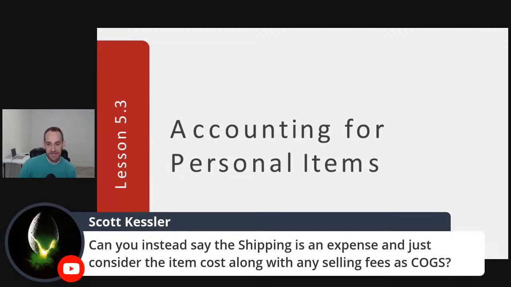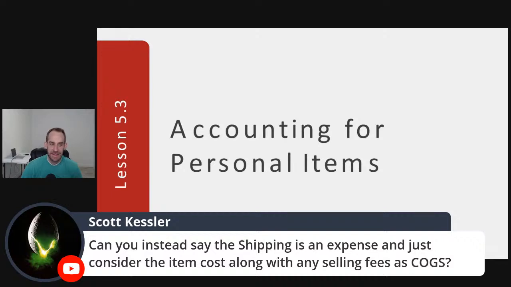I just got 2 more questions, then we're moving on to personal items. Can you instead say the shipping is an expense and just consider the item cost along with any selling fees as cost of goods? That's a good question.